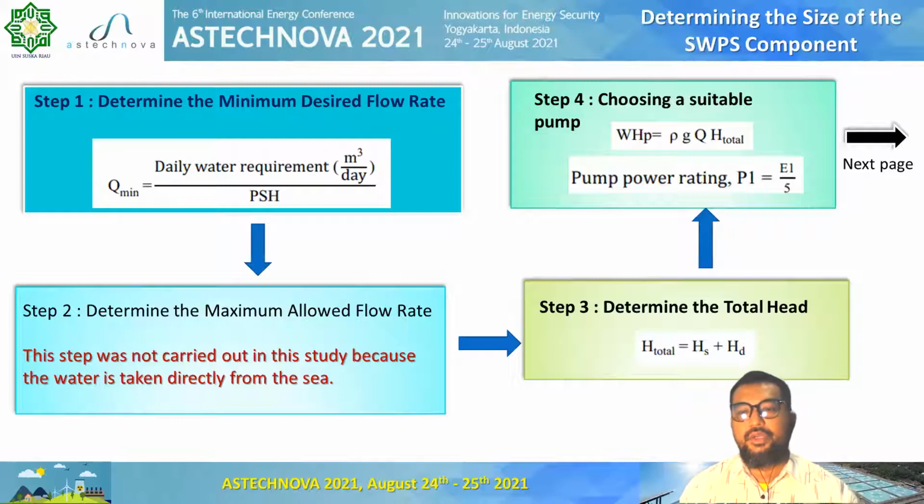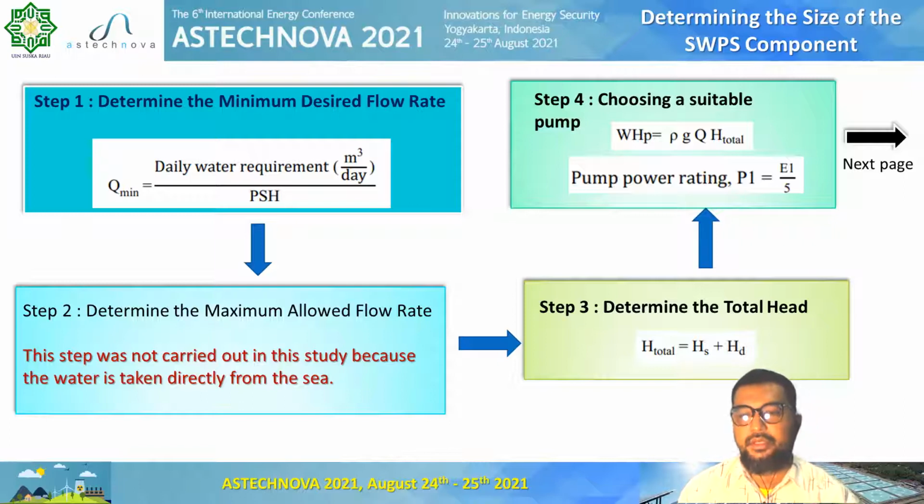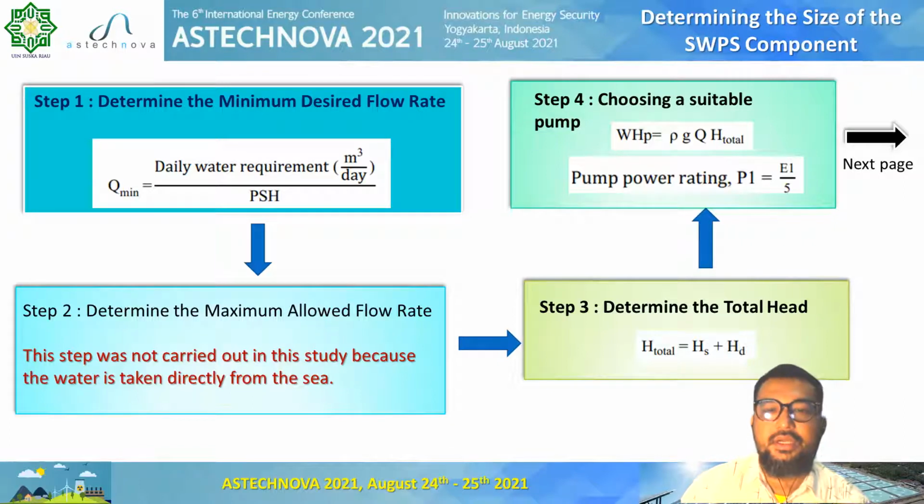So we need to calculate with some equations. Step 1, determine the minimum desired flow rate. Demand is the daily water requirement divided by peak sun hours. Step 2, determine the maximum allowed flow rate. Step 3, determine the total head.